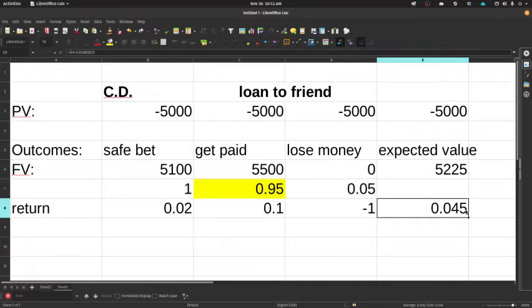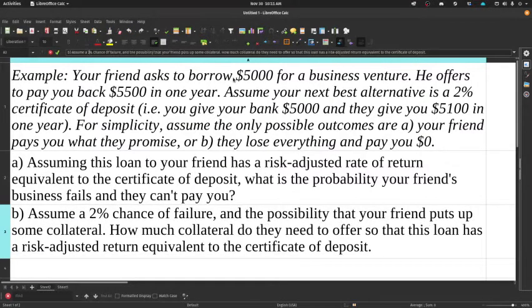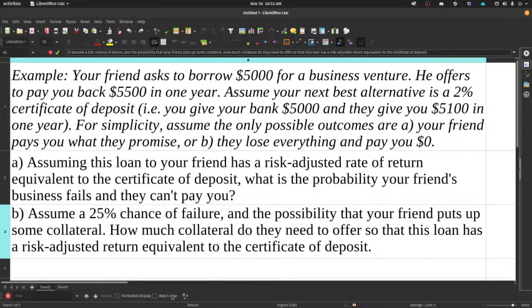Now, this is getting us closer to the question in the second part. And actually, I'm seeing now that that 5% is maybe a little bit low. So maybe we change this to a 25% chance.